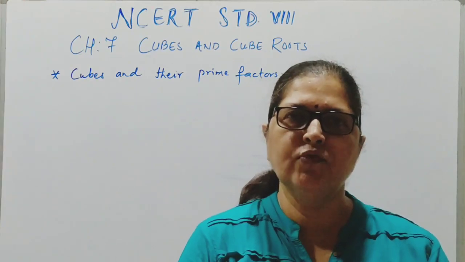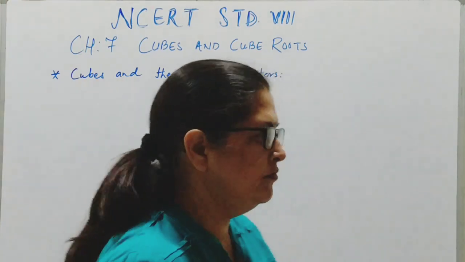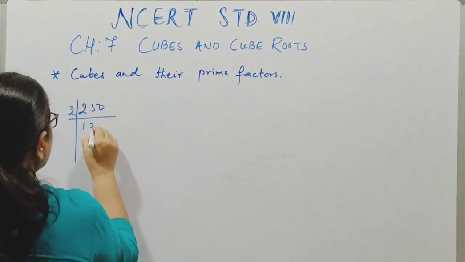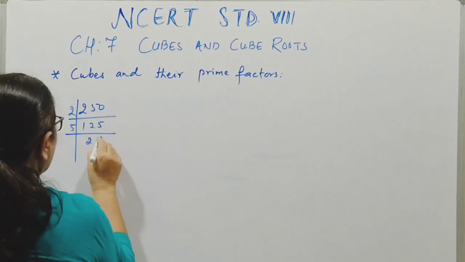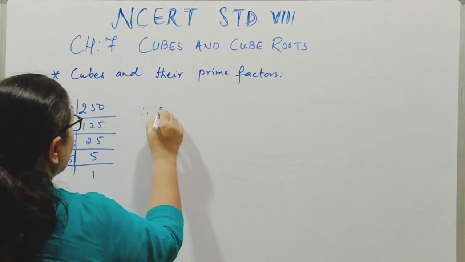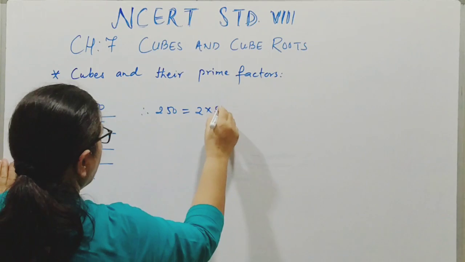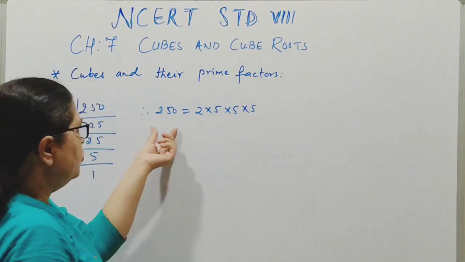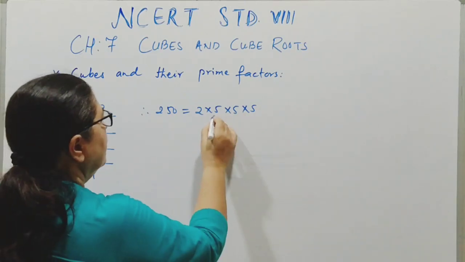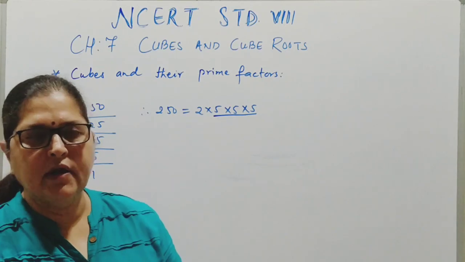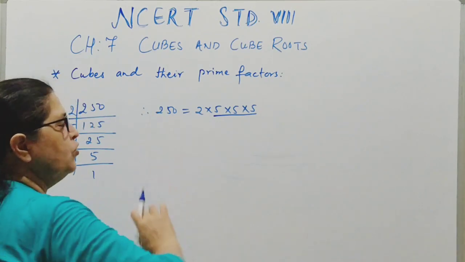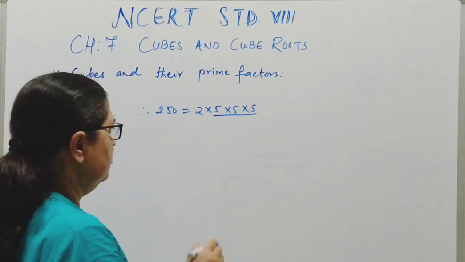Let us take another number, for example 250, and factorize it. Therefore, 250 is equal to 2 into 5 into 5 into 5. Here, each prime factor of 250 is not appearing 3 times. So, 250 is not a perfect cube.